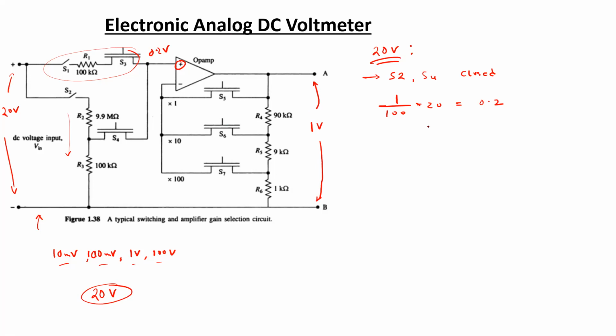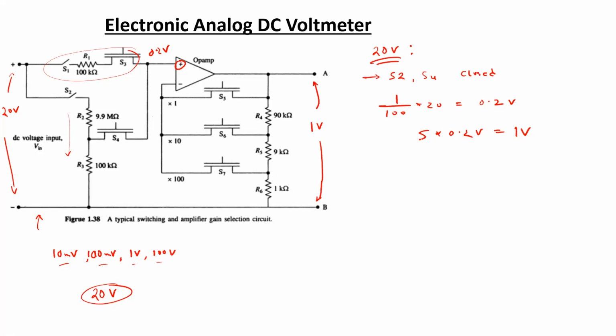So a gain of 5 is necessary in this case, because if a gain of 5 is selected through the amplifier, 5 multiplied by 0.2 volts would eventually give a 1 volt signal at the output of the amplifier. But currently the arrangement that we have is not sufficient to provide a gain of 5, because this arrangement provides 3 different gains: 1, 10 and 100.